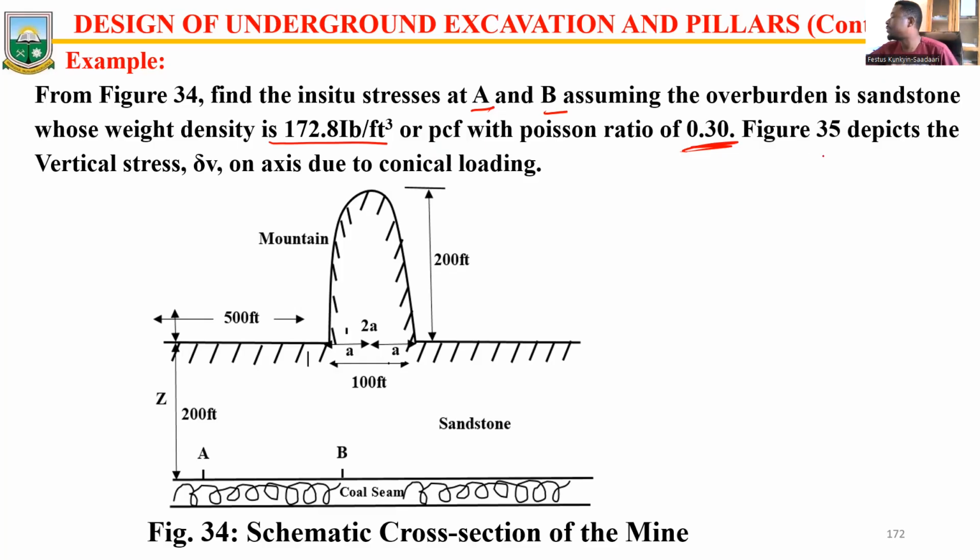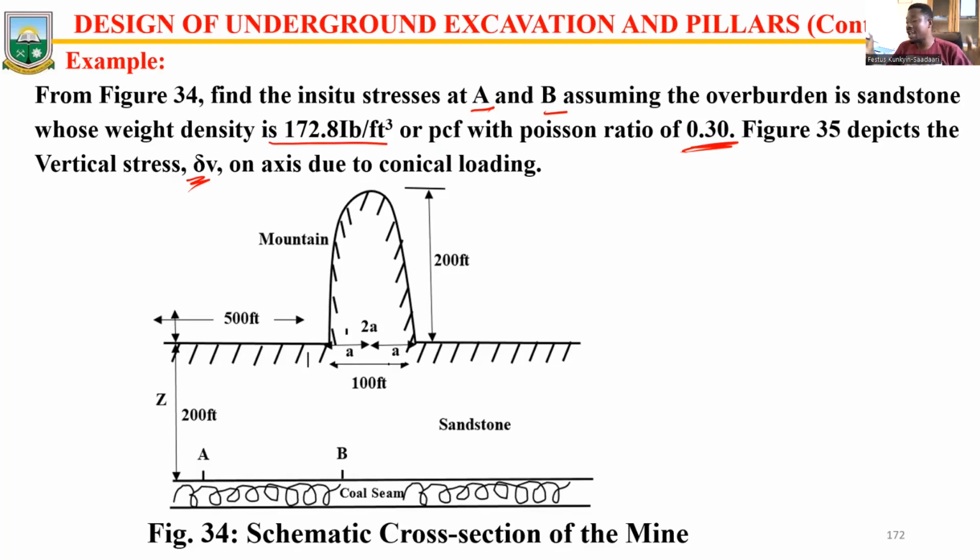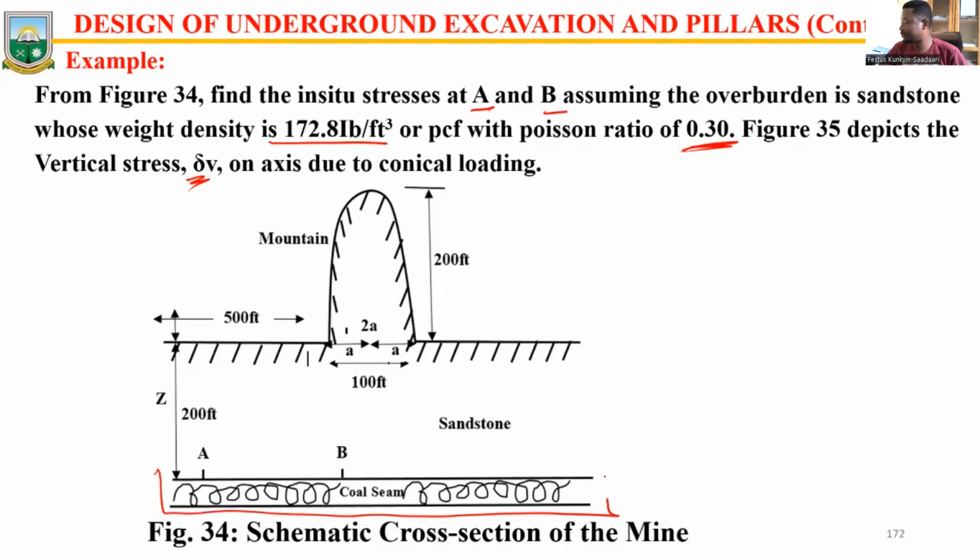And it says that Figure 35 depicts the vertical stress sigma V on axis due to conical loading. So you have a piece of land where there is a coal seam which you are aiming at mining.